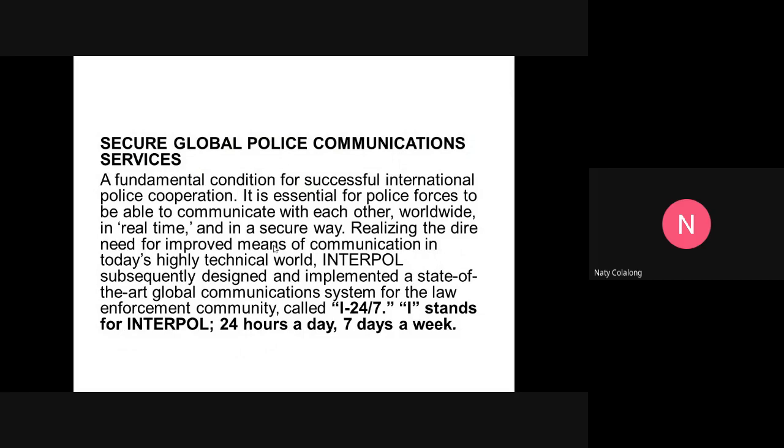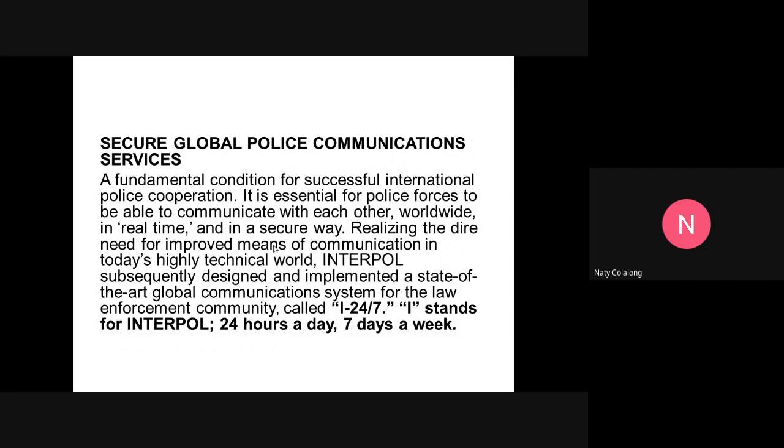Okay, the first function, we are going to expand on it: the secure global police communication services. So how are they going to do it? A fundamental condition for successful international police cooperation is that it is essential for police forces to be able to communicate with each other worldwide in real time and in a secure way.